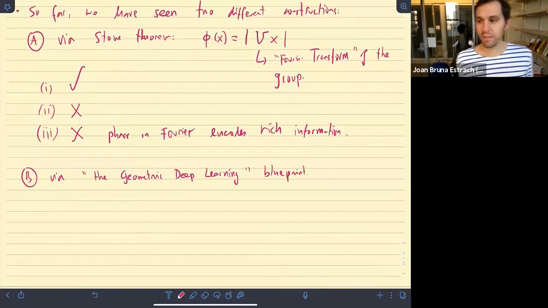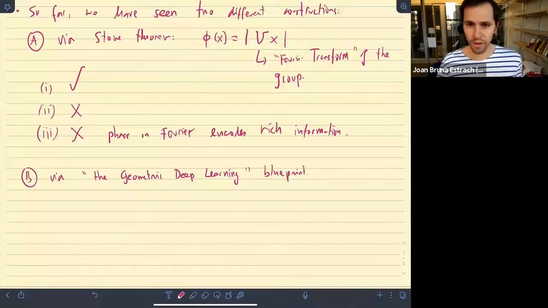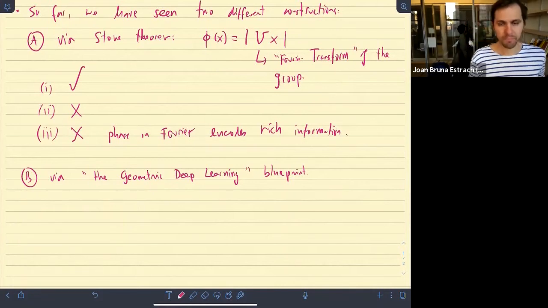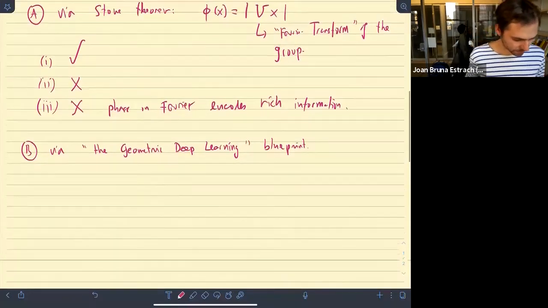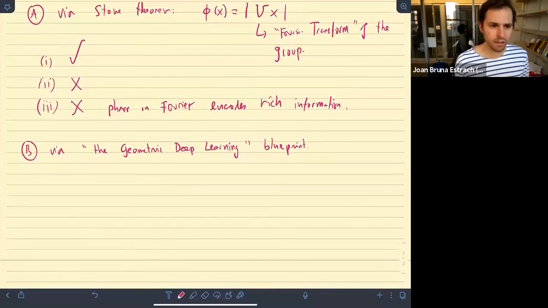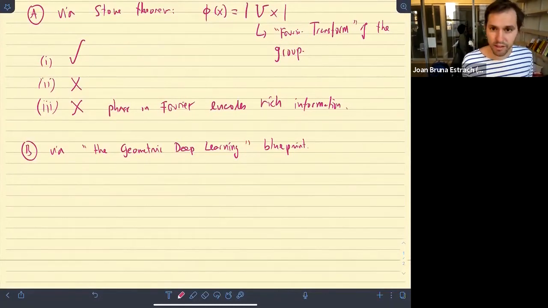And this is where the scattering transform is inscribed. So we are going to just refresh the idea of what the architecture of this representation is. This blueprint is interesting for many reasons. The first one is that it has two ideas, two ideas.